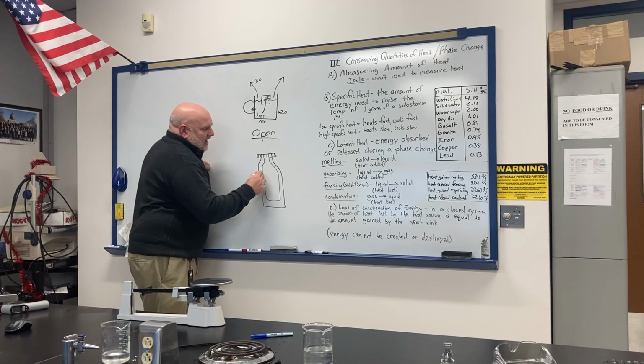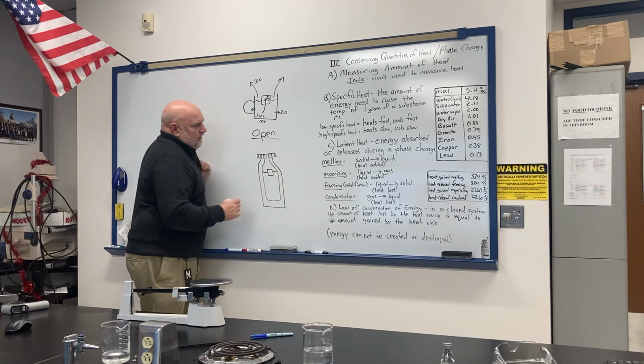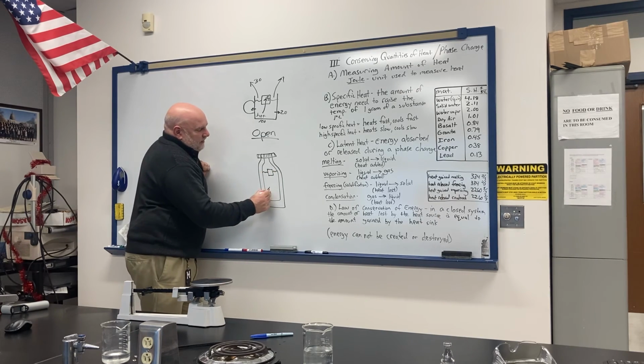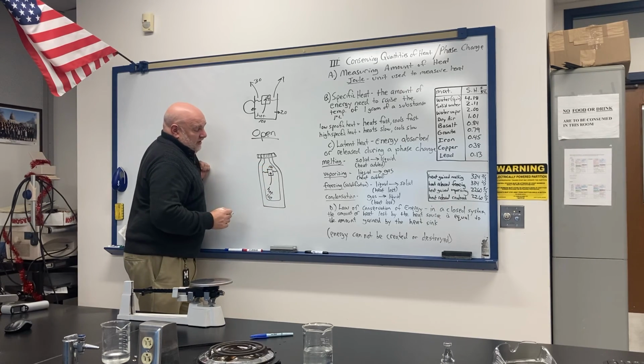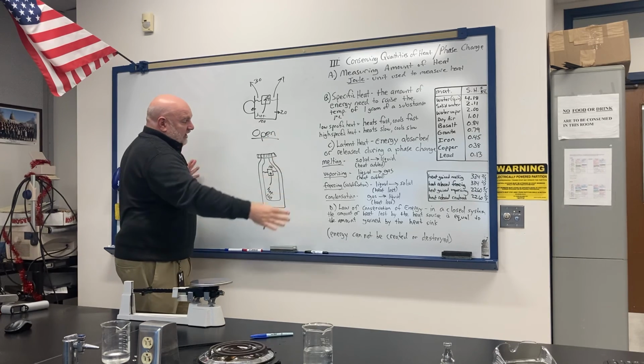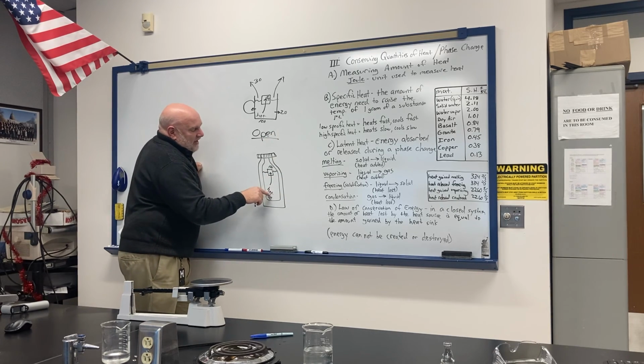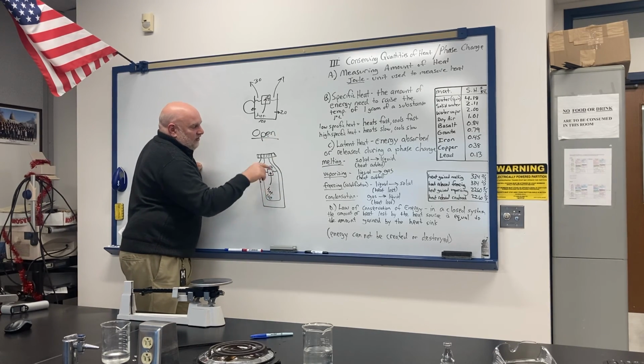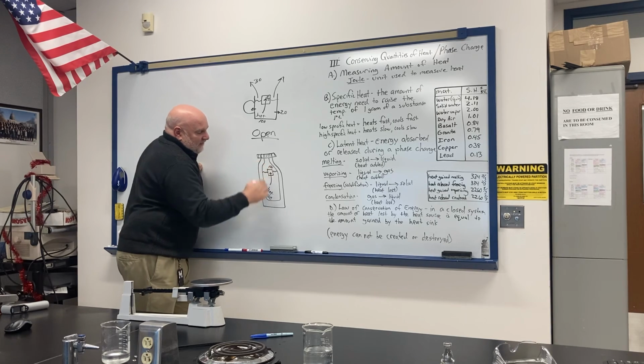Anyway, so let's say I have the hot coffee in there now, and I drop an ice cube in it. Now, if I lost 100 joules of heat, the ice cube would gain pretty much the 100 joules of heat. So there's no place else. The energy's not escaping any place else. So the amount of energy lost by the heat source is going to be equal to the amount gained by the heat sink.